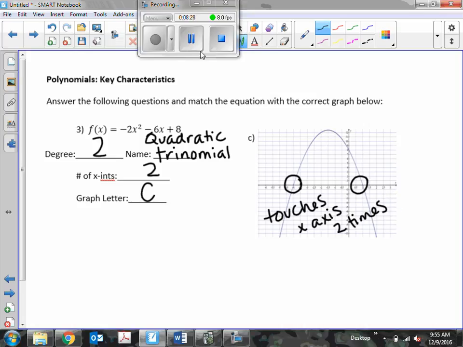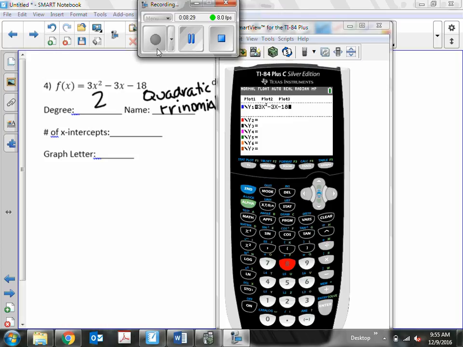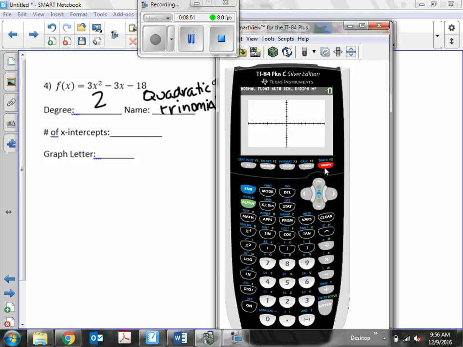I want you to try the next one all on your own. So right now, if we take a look, we should have identified the fact that it has a degree of 2, and we call this a quadratic trinomial because, again, a degree of 2 is a quadratic. It has 1, 2, 3 terms, so it is considered a trinomial. We enter our equation into the calculator into y equals, and then we look at the graph.